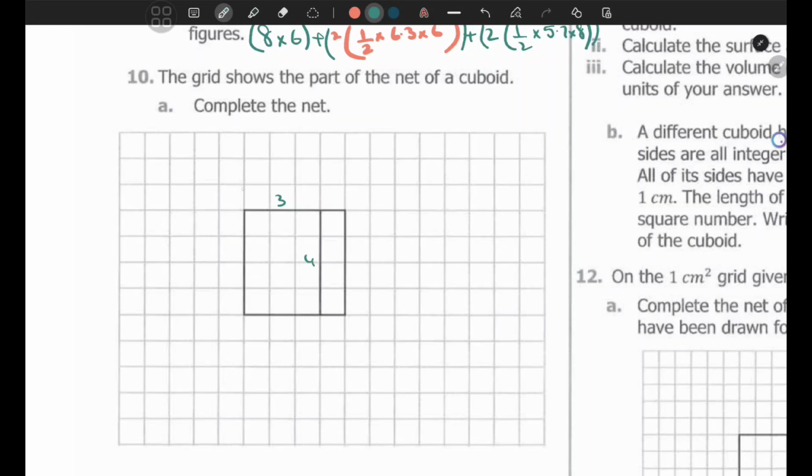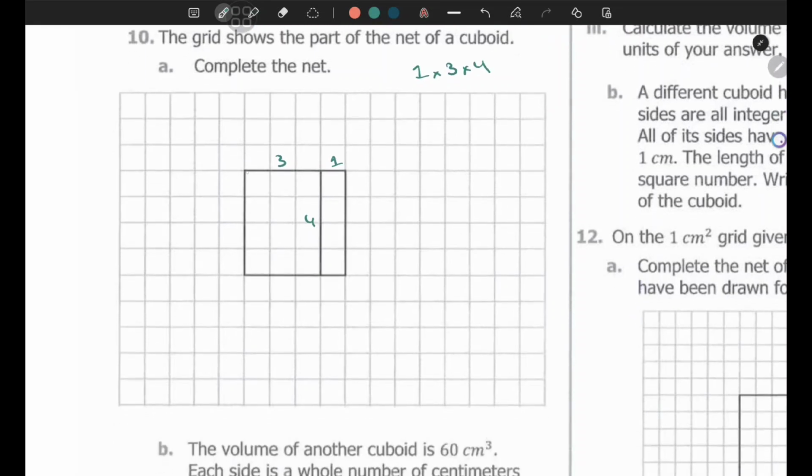So again looking at this question, right? So we know that this has a dimension of 1 by 3 by 4, right? So when we're looking at this, and they've asked us to make the net diagram, so we'll make the rest of the squares.